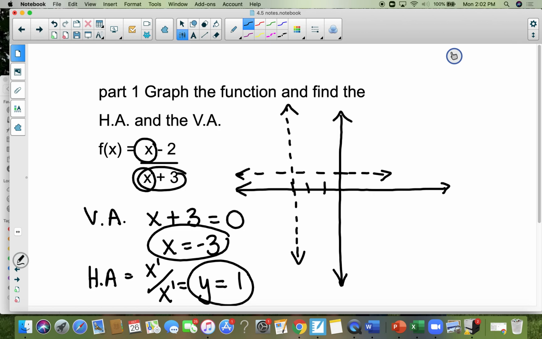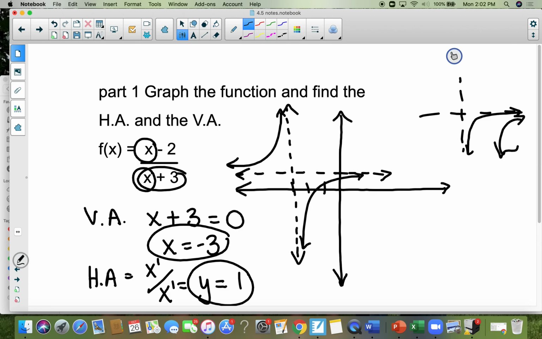And if you use your Desmos button and you graph it, it's going to get closer and closer to this horizontal and to this vertical. And that's why they're there. I don't want you to do this and then just go like that. They're there so that you get closer and closer to that one and closer to that one. So that's why there's horizontal and vertical asymptotes.